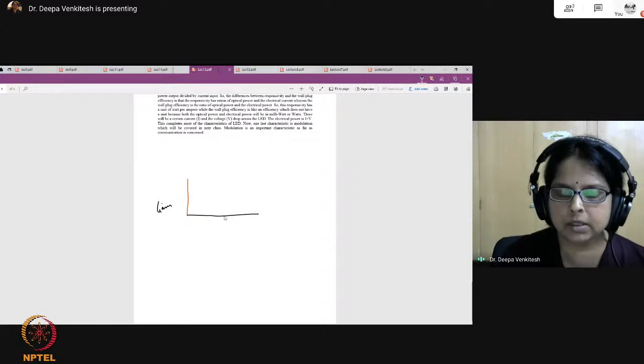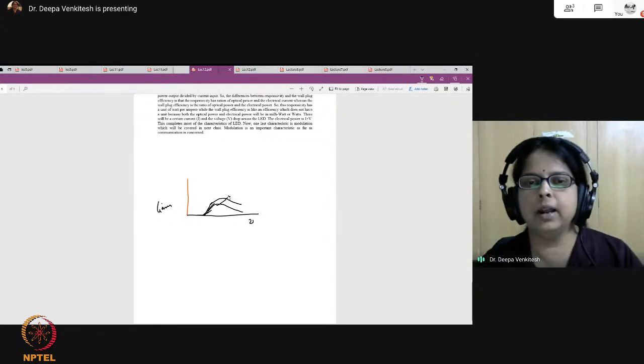Gain or spontaneous emission, it shifts as you change the temperature, it shifts to the right. Why?